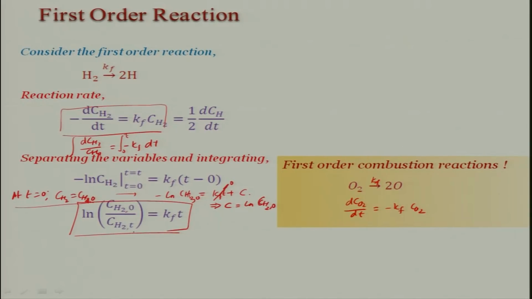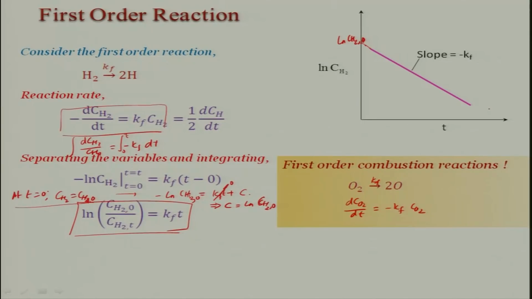Now, if you plot this thing, you will get basically a slope, that is the minus Kf, right, and at time t, what is this value? This is nothing but corresponding to ln C_H2 at time t, right, and as it goes with time, this is being reduced.